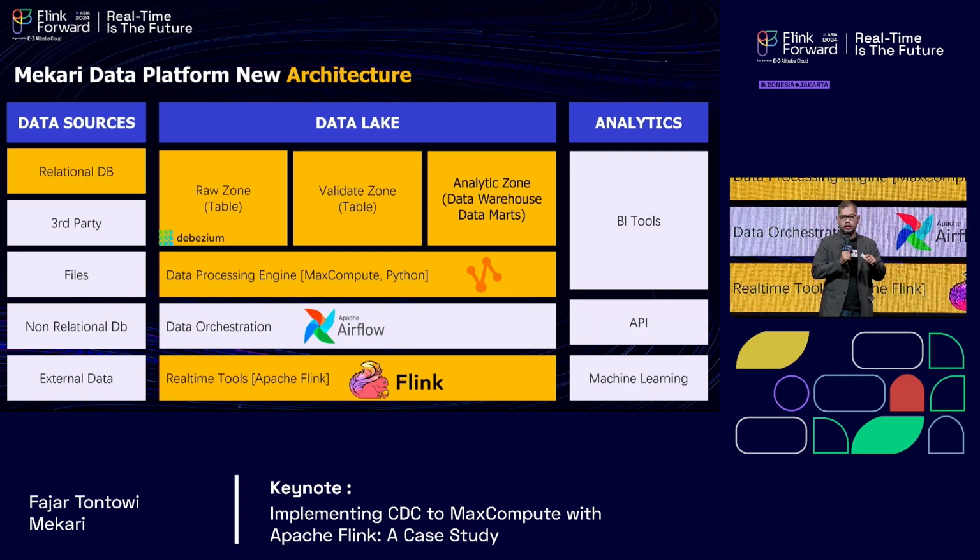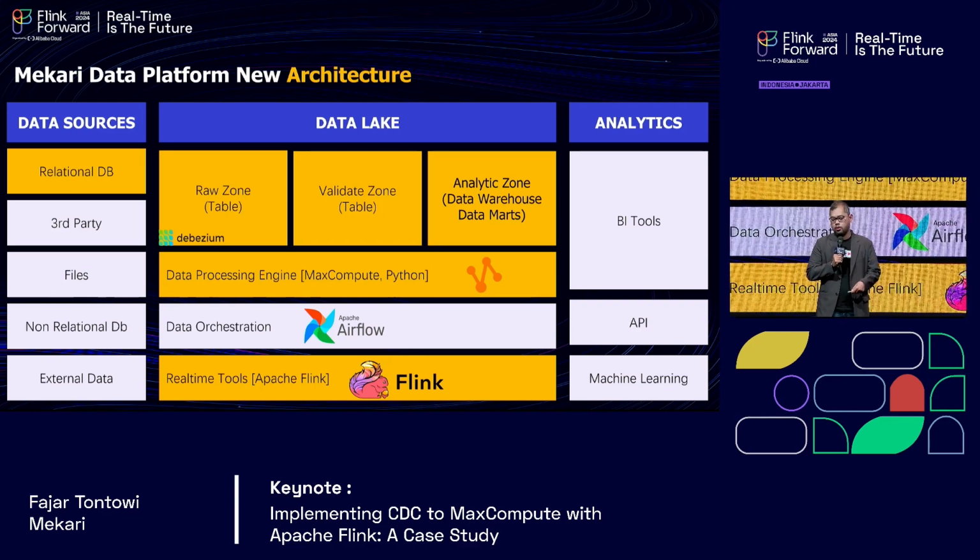In the raw zone table, the data is already formatted as tables, so all the data can already be queried by the analyst and BI team. The validated zone and analytic zone are the same zones as before, but the difference is that the format is only table format.